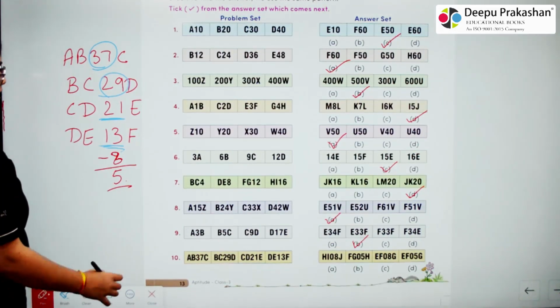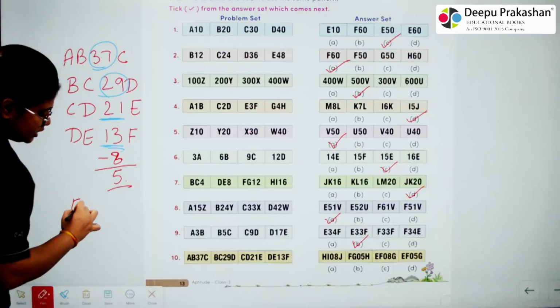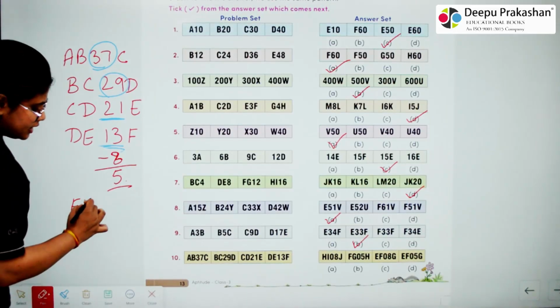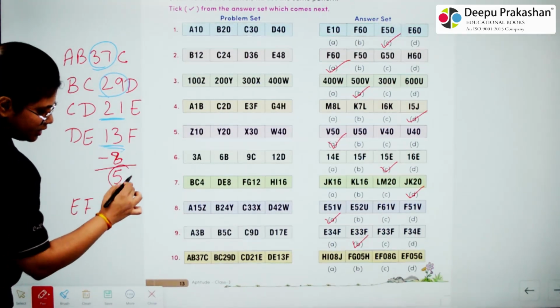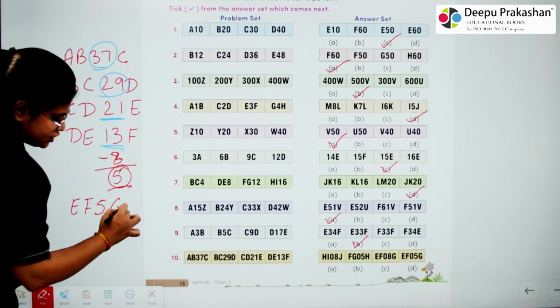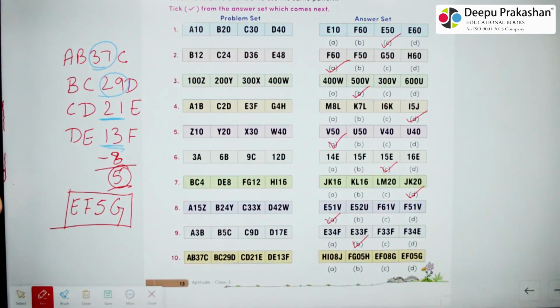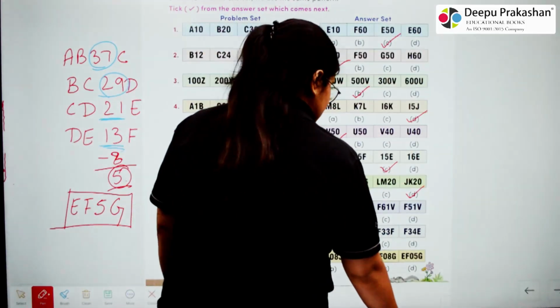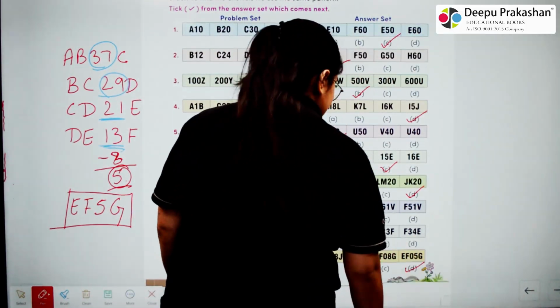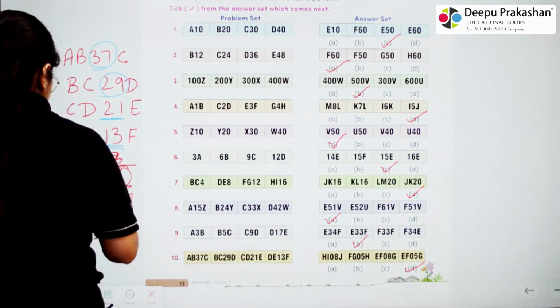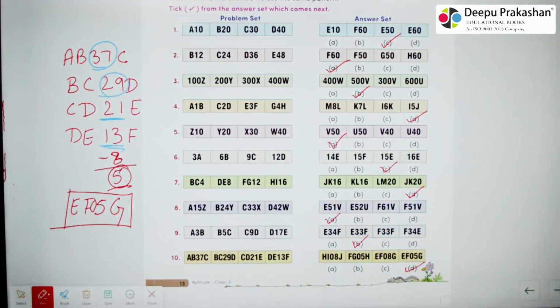And for the alphabets, E will come first, then F, then the number, that is 5, then G. So this will be the answer. So the answer for this part is EF05.